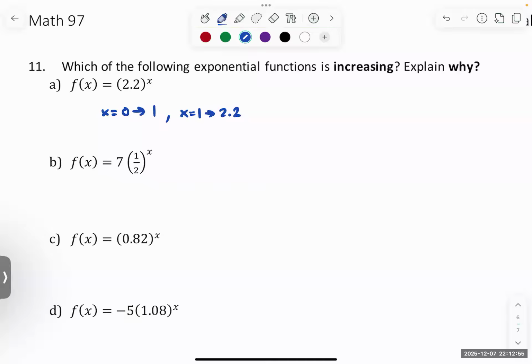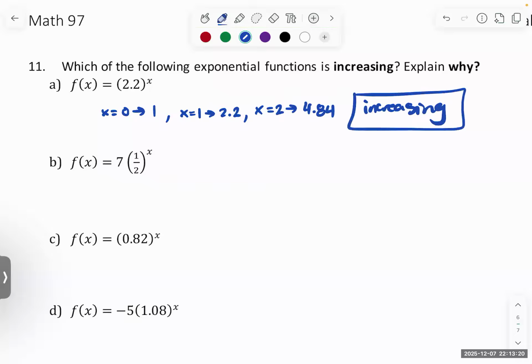So right off the bat, it looks like it's increasing. Now if I plug in x equals 2, my output, so this is 2.2 squared, so 2.2 times 2.2, which is 4.84. So this is increasing. And I'm not going to explain why because I already kind of did with here.